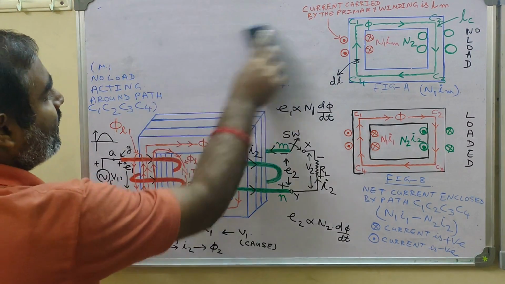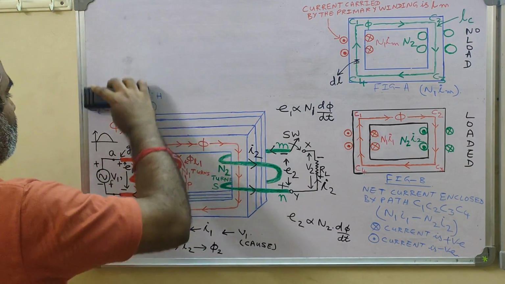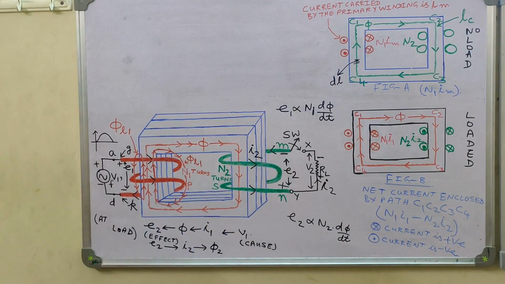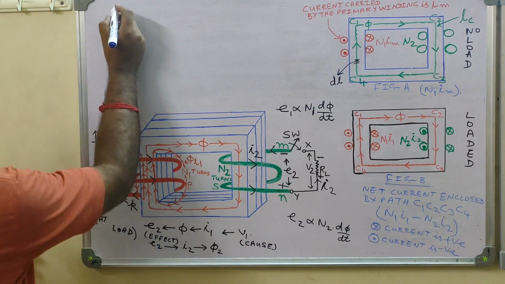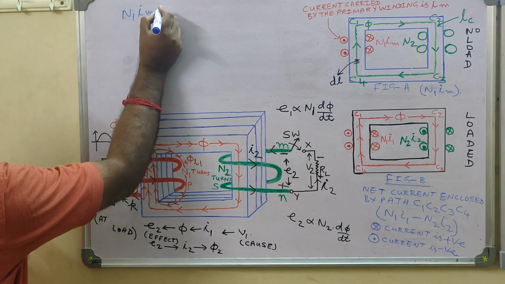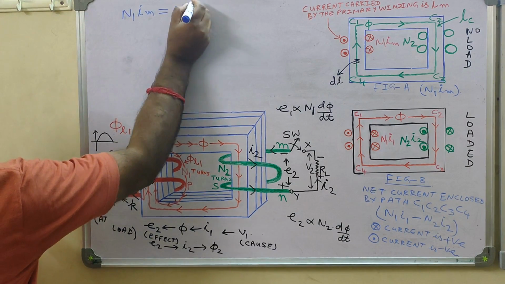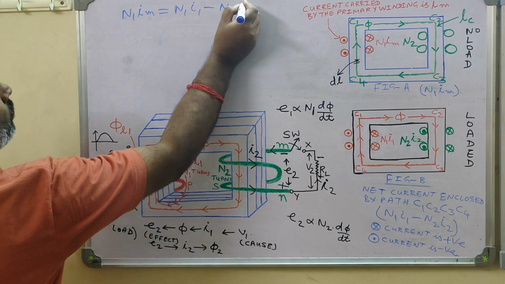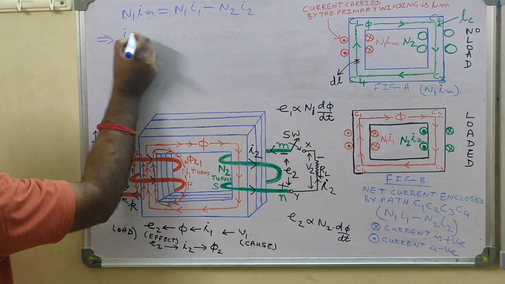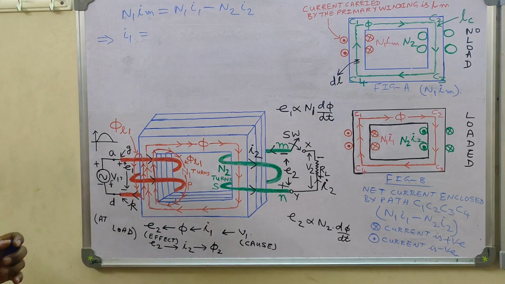We will again write that equation. Now we will not write any reason for that because we have already talked a lot about the reason. What we have derived is that N1 Im equals N1 I1 minus N2 I2. Let us keep I1 on one side and take all other terms to the other side.